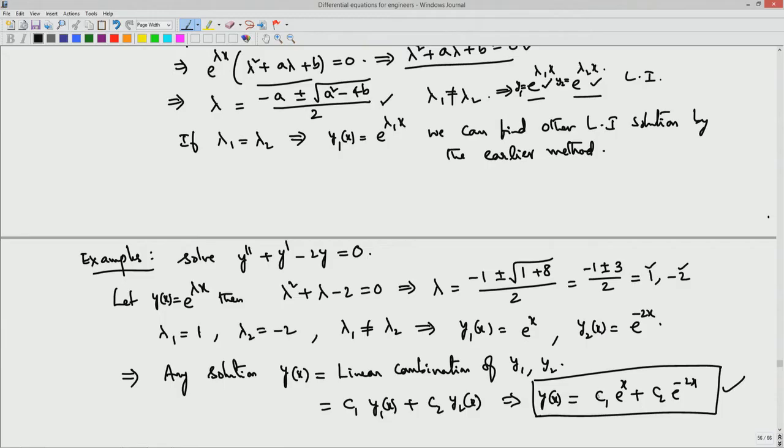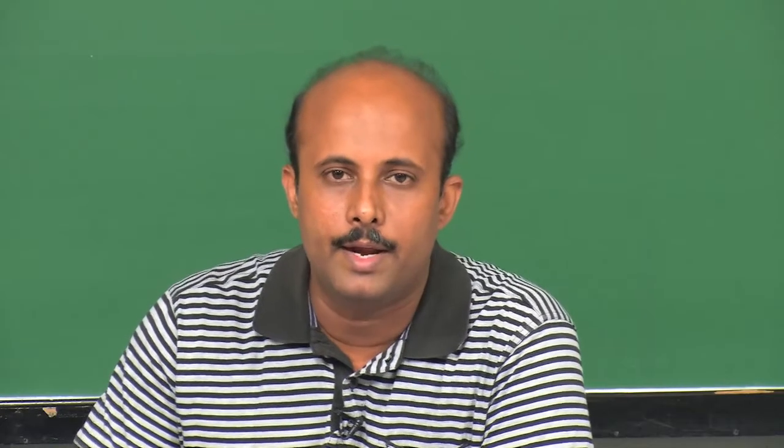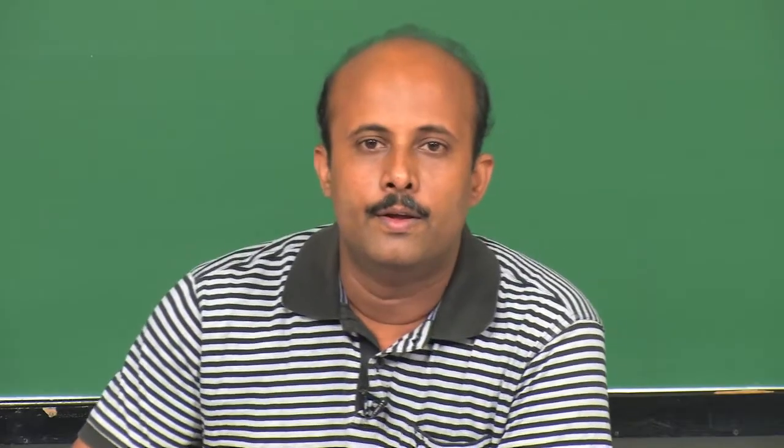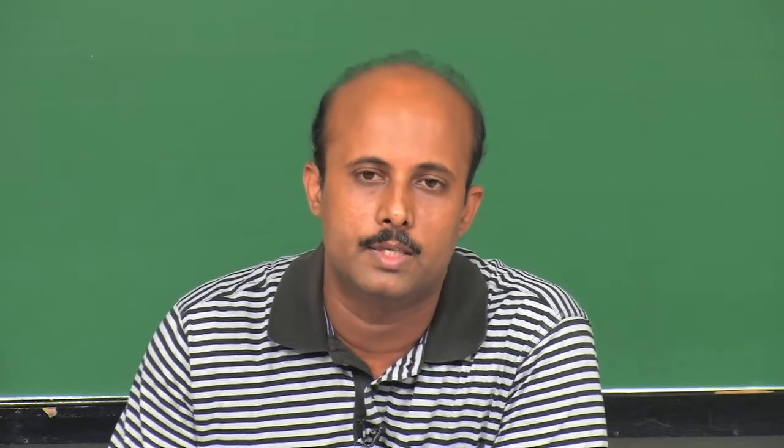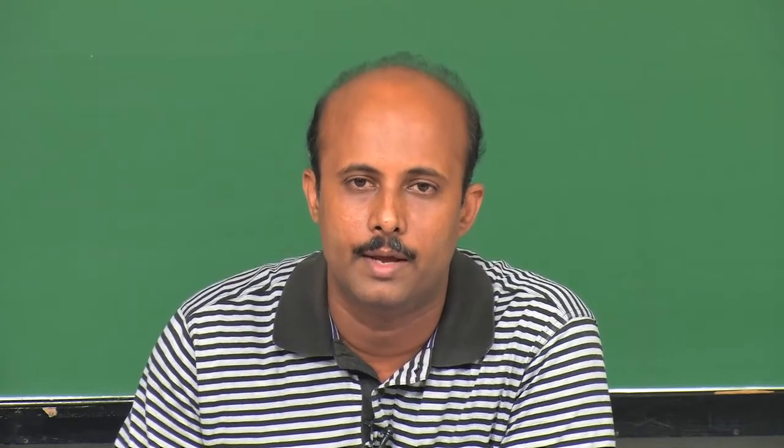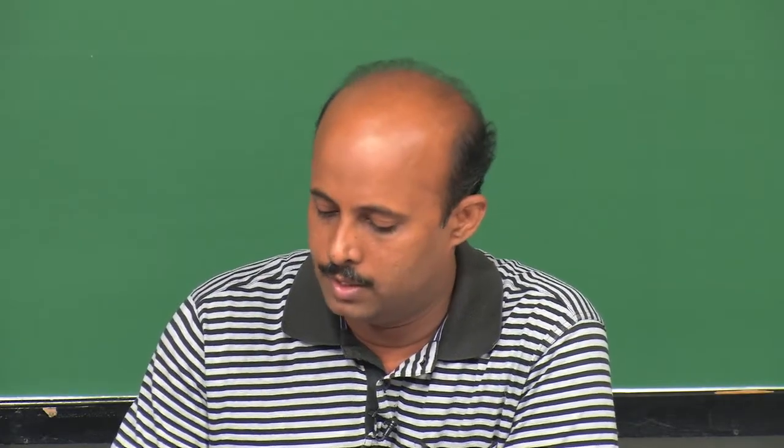So you have two arbitrary constants c1 and c2 for the second order homogeneous linear equation. We have seen that a linear equation will have a unique solution for all values of x, and we have found this general solution because for second order you have two arbitrary constants c1 and c2. We already have in this form two linearly independent solutions.